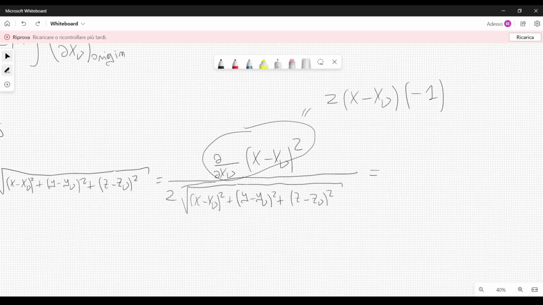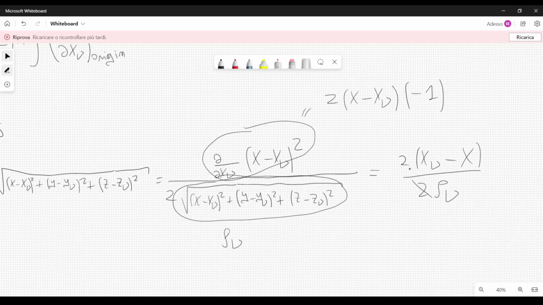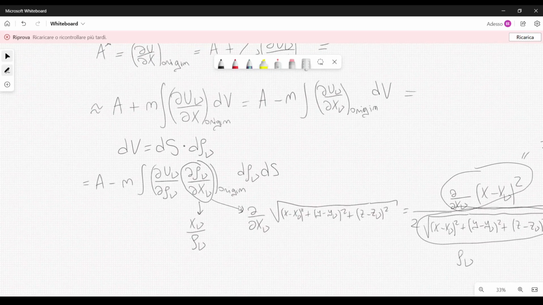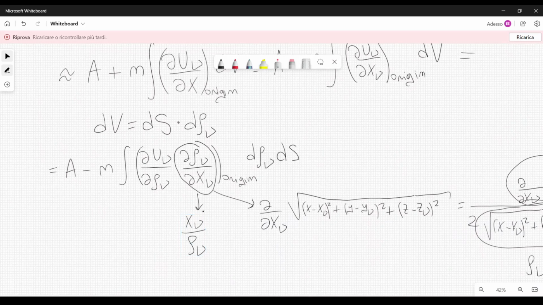This denominator here, this part, is equal to rho nu, so we get twice x nu minus x over rho nu, twice rho nu, so we simplify these two, and remember that we have to calculate this at the origin, so we can also set x equal to 0. We can set x equal to 0, right? And therefore this is what we get, this expression here.